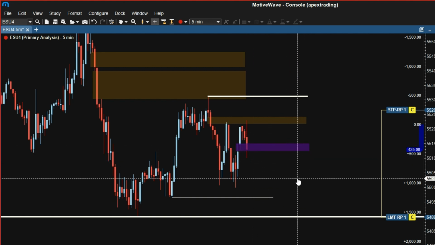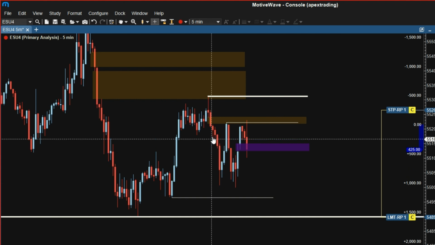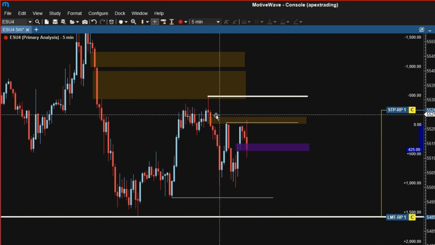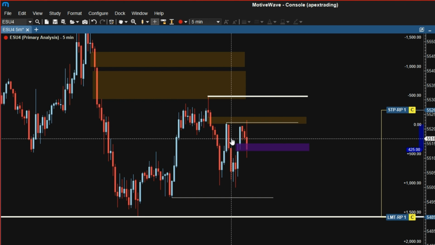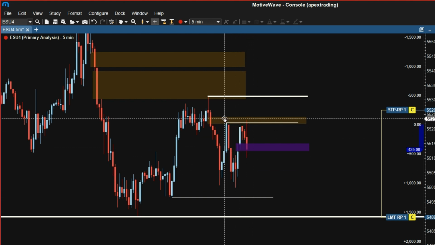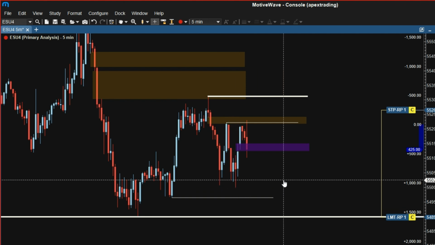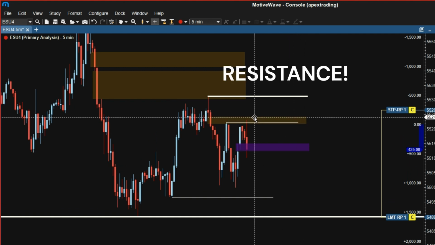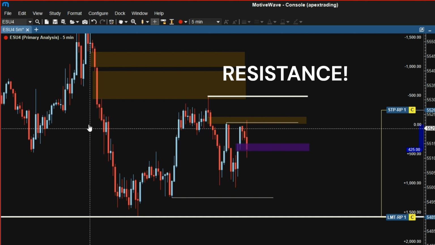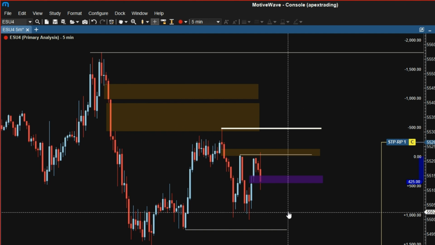But one thing that I want you to think about is that price took this high and tapped our fair value gap again. But what did the fair value gap do? Right, it pushed the price down. It was still holding support in this area, holding true to the bigger bearish picture.